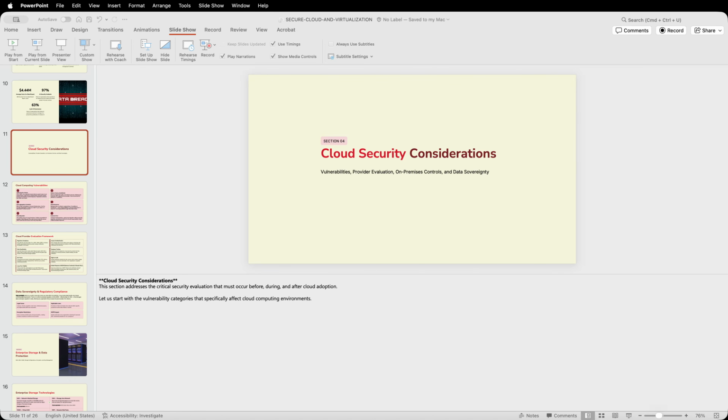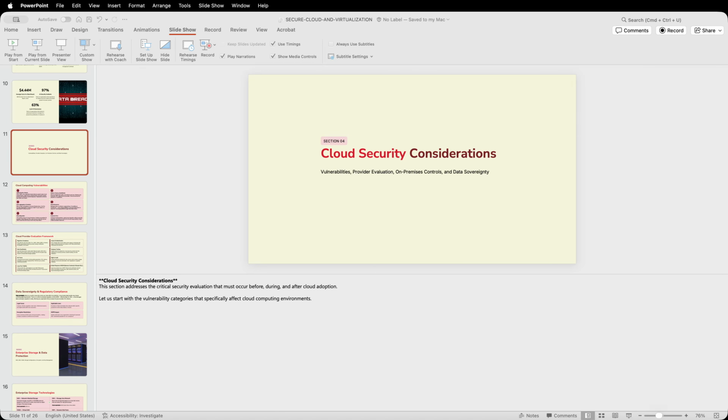Now, encryption is the cornerstone of storage data protection, but its effectiveness depends on key management practices. Let's examine encryption and key lifecycle management here. Now, in the encryption configuration and key lifecycle management, let's take a look at the key ownership models.